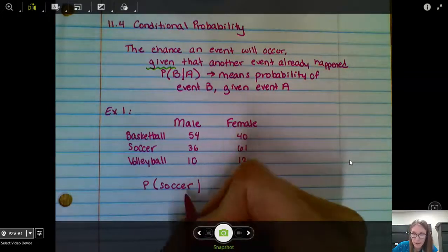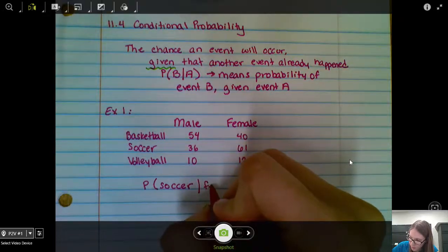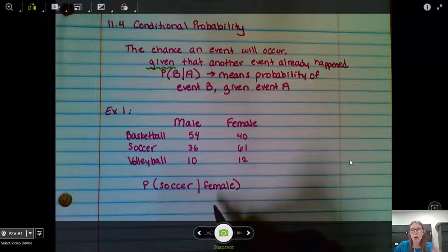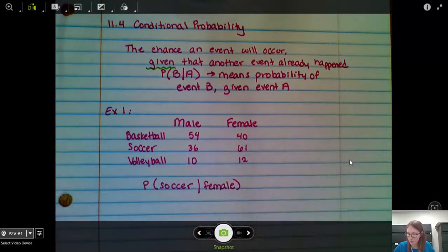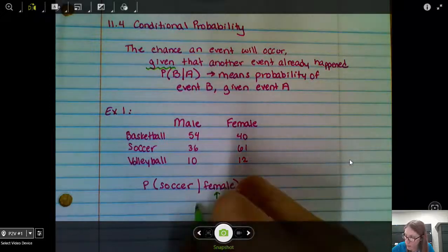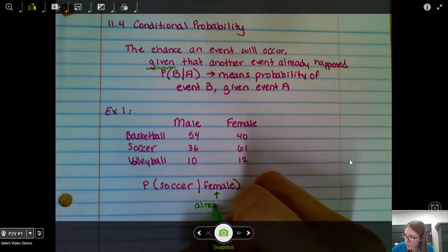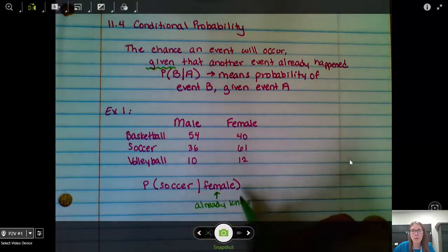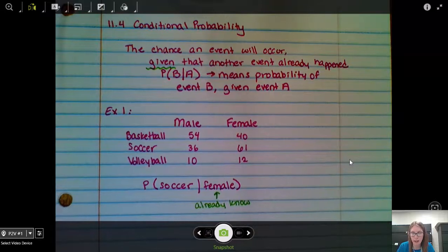let's find P of soccer given female. So knowing that our student is female, the second part in your notation is what we know. So we know that the student is already female. What's the probability that they play soccer?